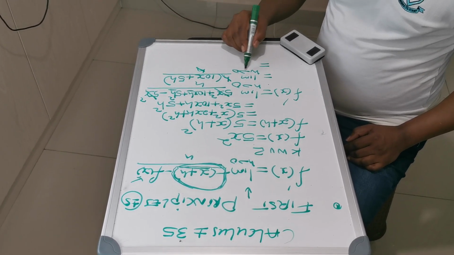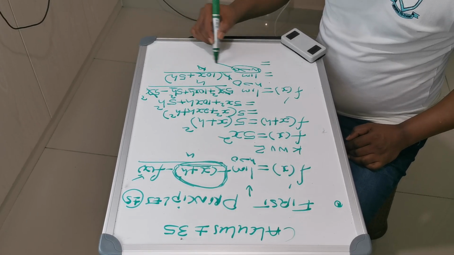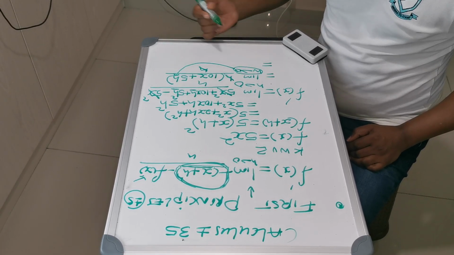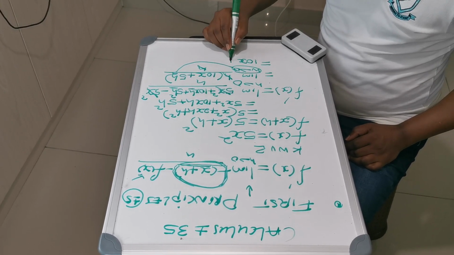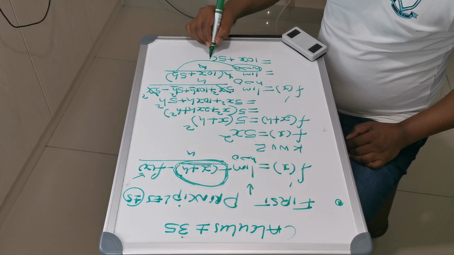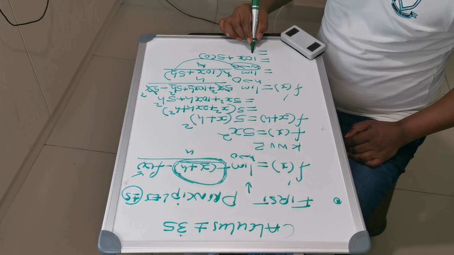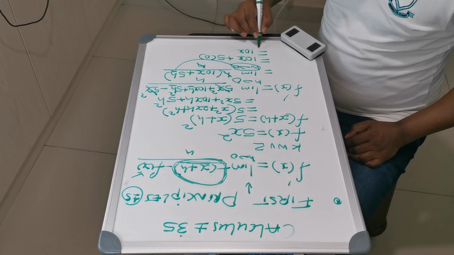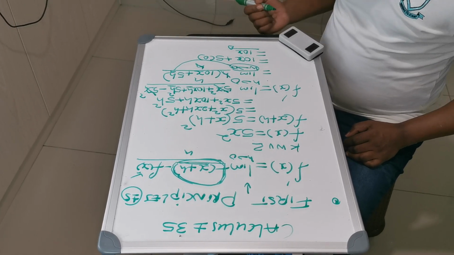Now this says, as h approaches 0, where there is h, you put 0. So you take out h, this will be 10x plus 5. Where there is h, you put 0. What is your answer then? Your answer is 10x. So this is what we call a derivative.